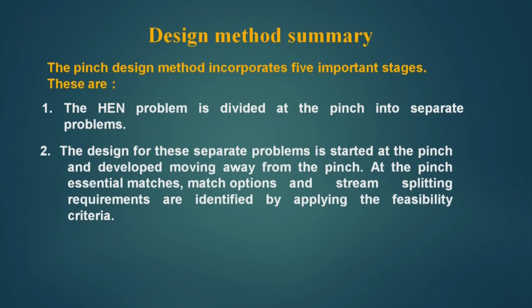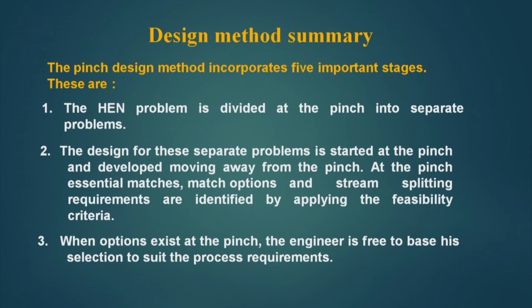So, the pinch design methodology divides the HEN problem into 2 distinct or separate problems, which are thermally in equilibrium or thermally sufficient. The design for these separate problems is started at the pinch and developed moving away from the pinch. Why this is taken, we have already explained.